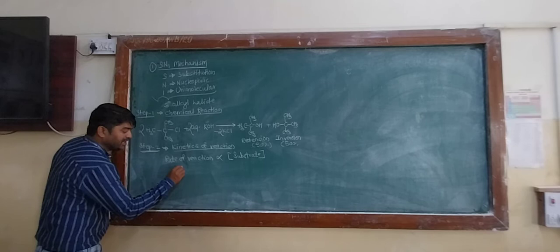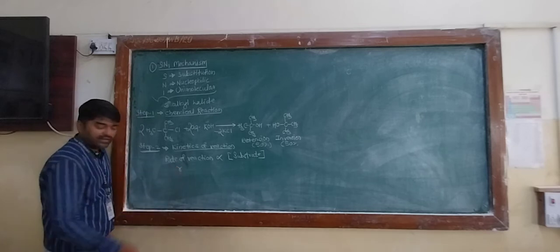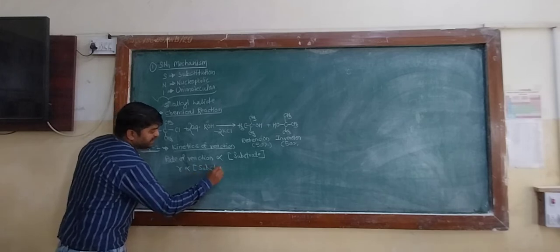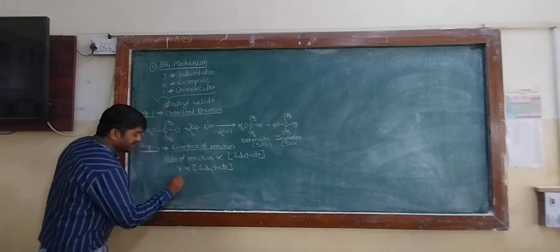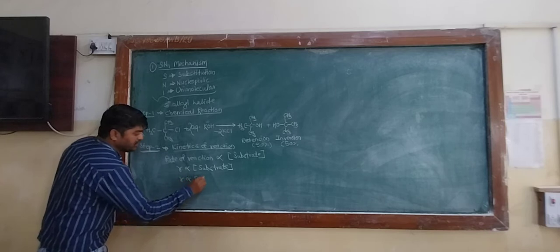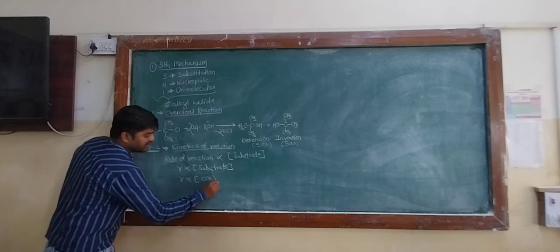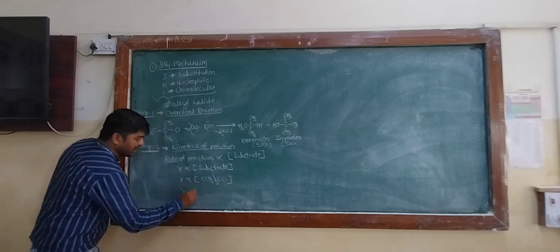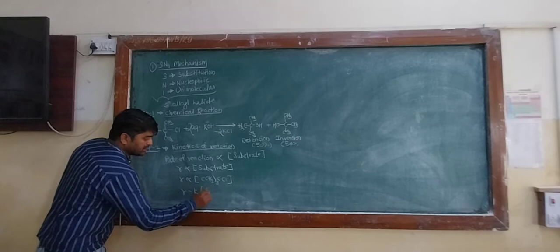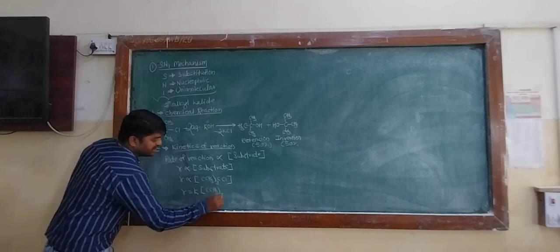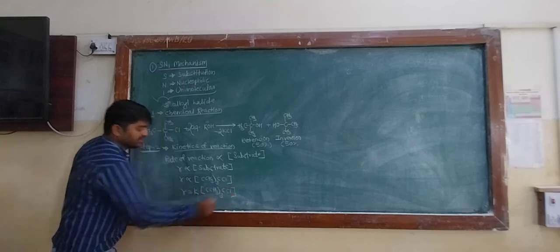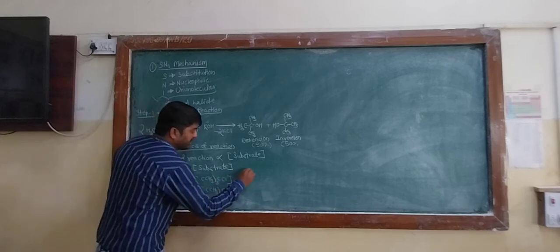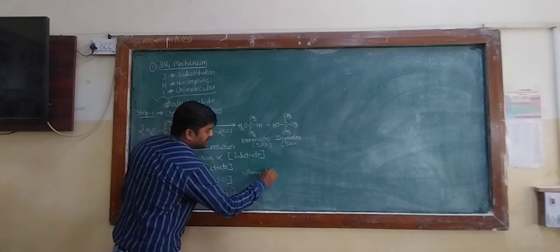So the rate of reaction, denoted by R, is directly proportional to the concentration of substrate. Here the substrate is tertiary butyl chloride, so R = k [(CH3)3C-Cl], where k is the rate constant.